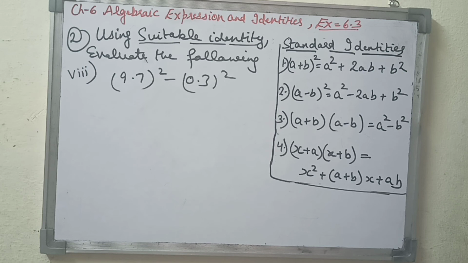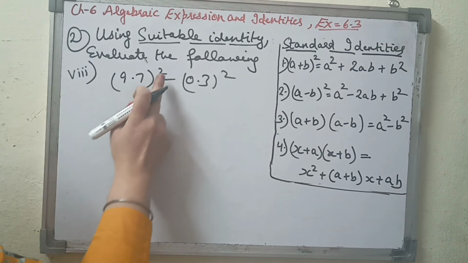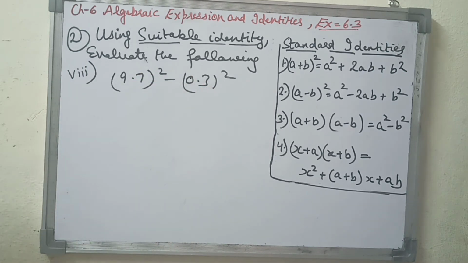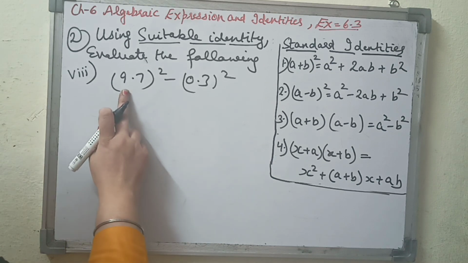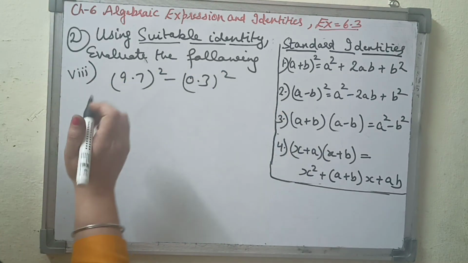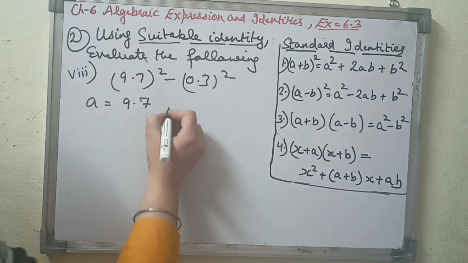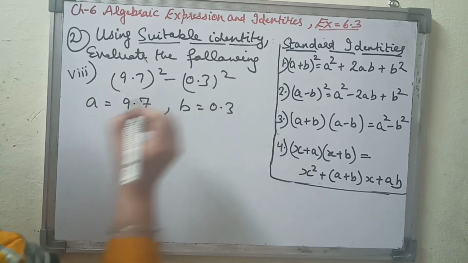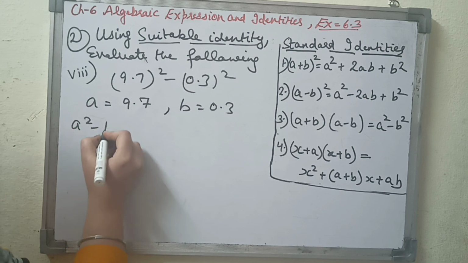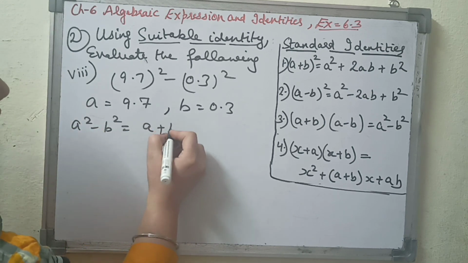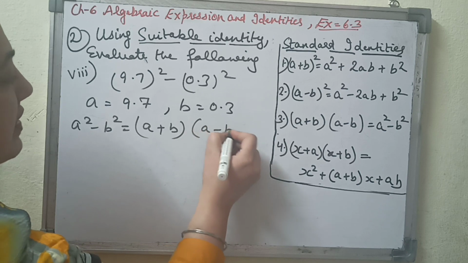The last part of this sum is the eighth part: 9.7 whole square minus 0.3 whole square. Now this is of the form a square minus b square, that is your third identity. Let us take a as 9.7 and b as 0.3. Again write down the identity, a square minus b square equals (a plus b)(a minus b).